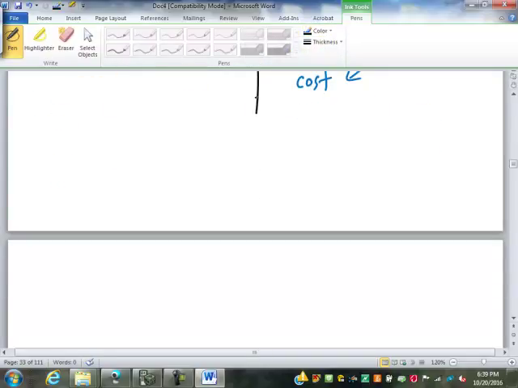So let's say that we have a 25% markup on cost.